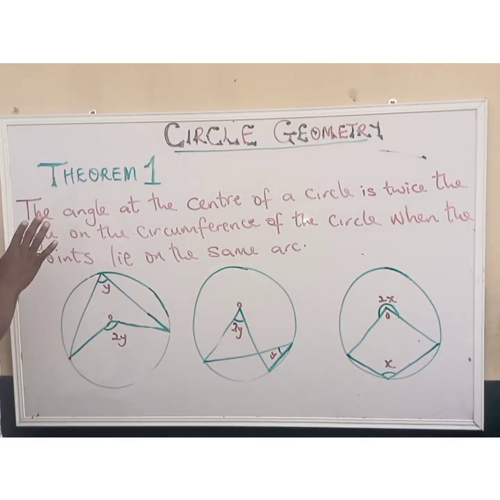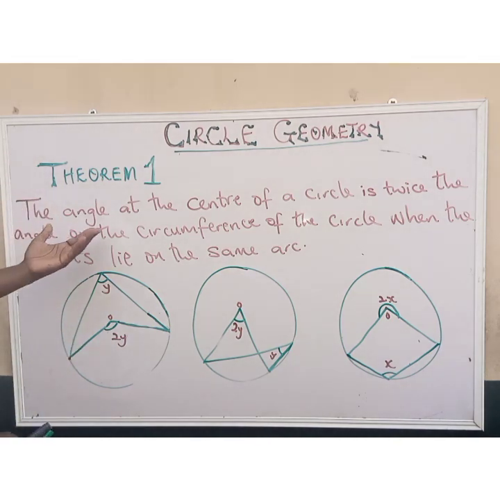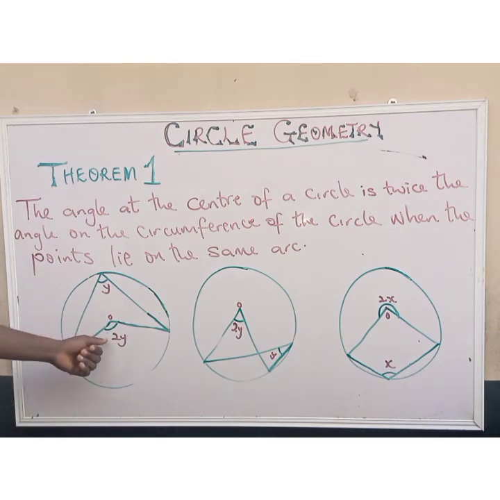So what this illustration is talking about is theorem 1. So the angle at the center of a circle, this is the center, is twice the angle on the circumference. So if y is 20 degrees, this is going to be 2 times 20, and this is going to give us 40 degrees. So just as an example.